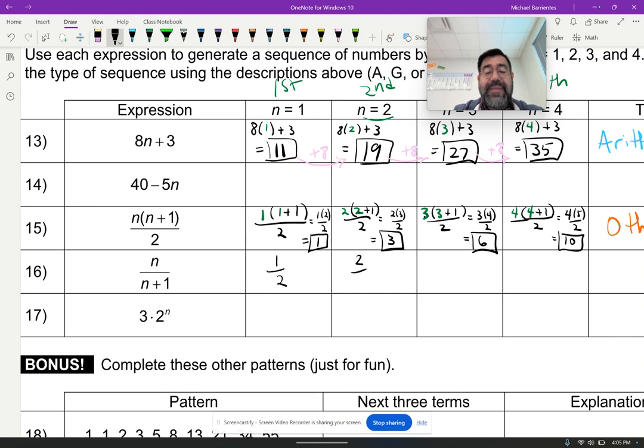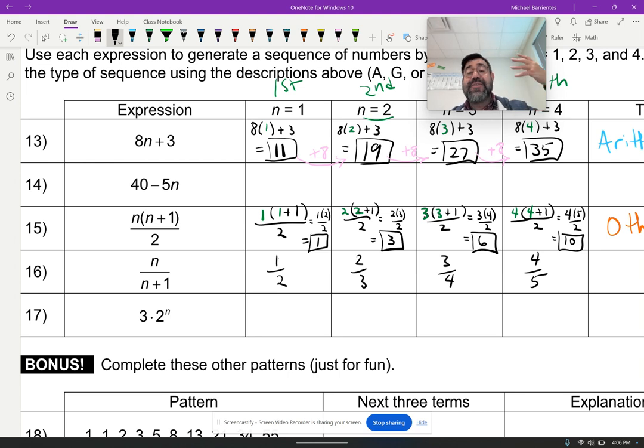Now, as I write them down, I do want you to notice there's a pattern with the fraction numbers, right? With the numerator and denominator. Do you notice how the top is just 1, 2, 3, 4? But the bottom is one more than whatever the top is. So the bottom is always one more.